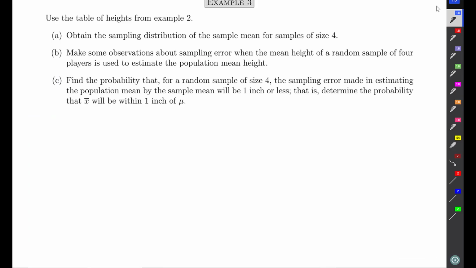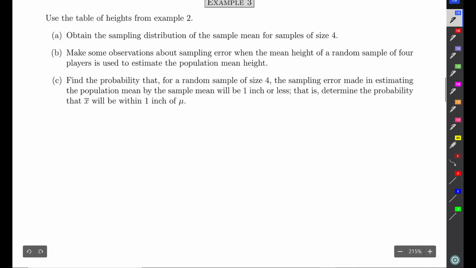With example 2, we're using the same heights, the same players, but now we're looking at a sampling distribution for samples of size 4. We're going to make the same observations that we did before, and we're also going to find the probability that a random sample of size 4 will be within 1 inch of the population mean.